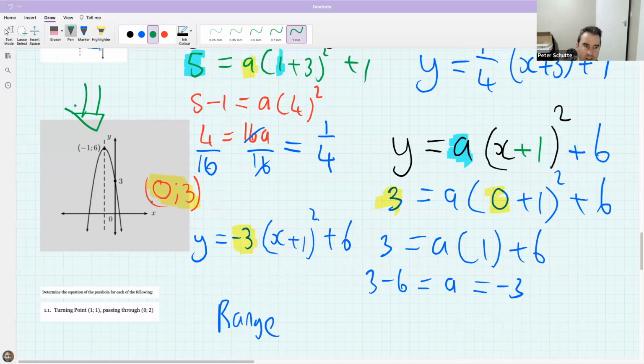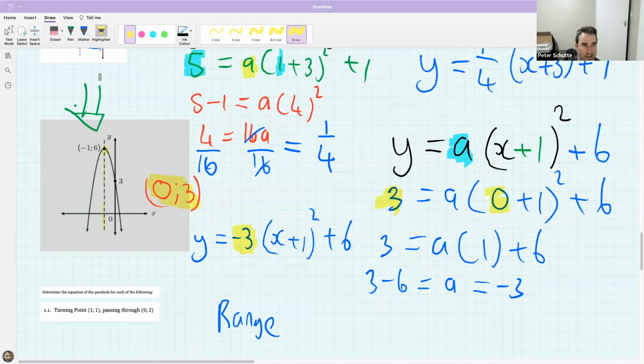Okay, what is the range of this graph? So ask yourself, is it happy or unhappy? Does it get really high or really low? And where is its limit? That's what I want to know for this graph. So if I look at this, this looks like an unhappy graph, and unhappy graphs, like a ball through the air, only get to a highest value.